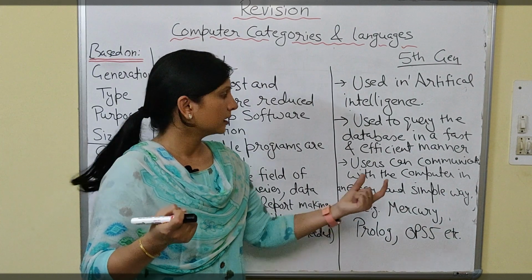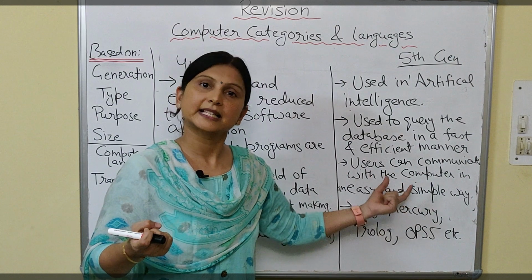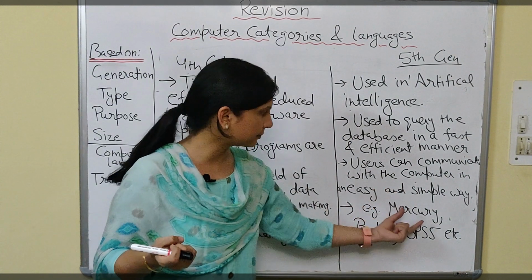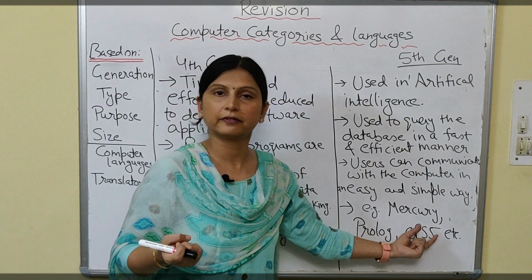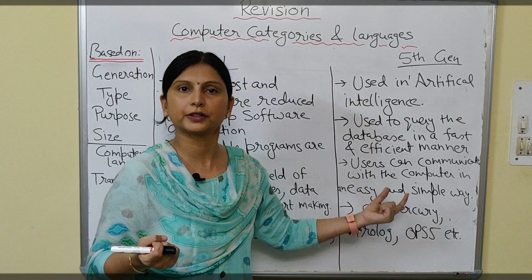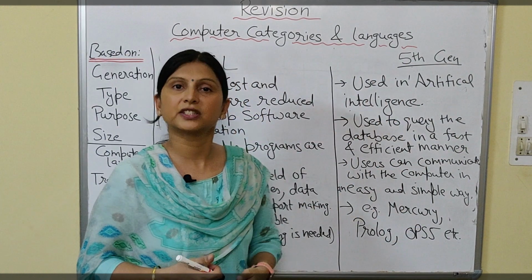So users can communicate in an easy and simple way. For example, Mercury, Prolog, OPS 5. These are the names of fifth generation languages which we use.